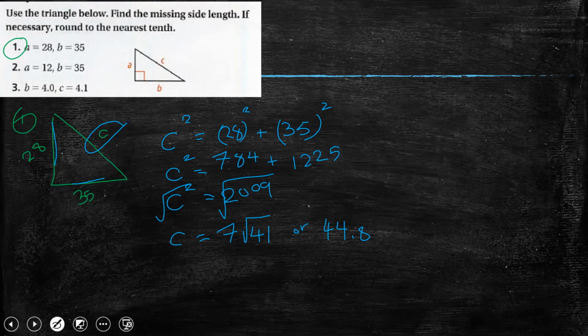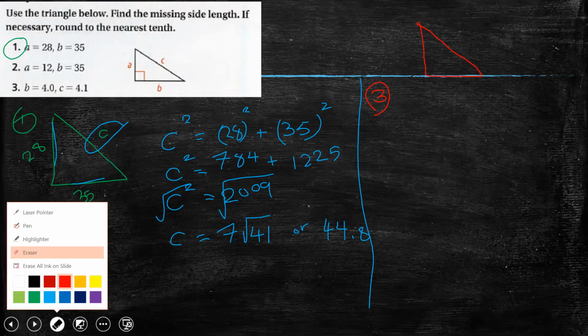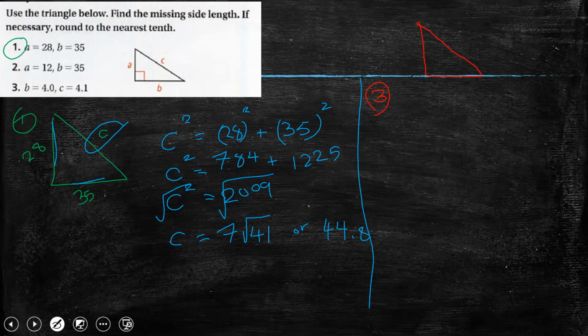Now let's solve number 3. In number 3 here, also we have this triangle A, B, and C. If B is 4, C is 4.1, you have to find A by the Pythagorean theorem.